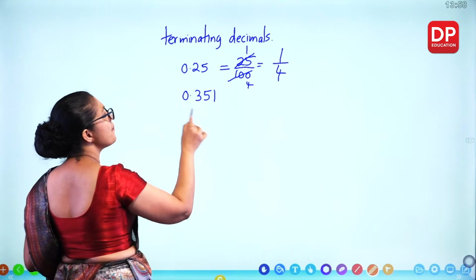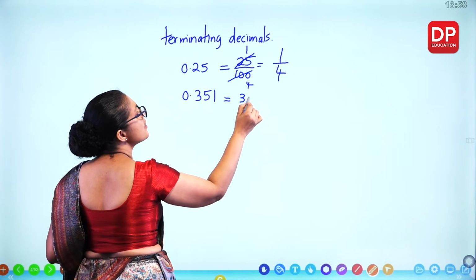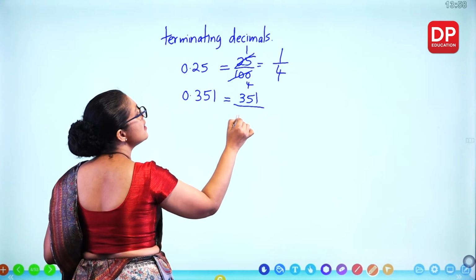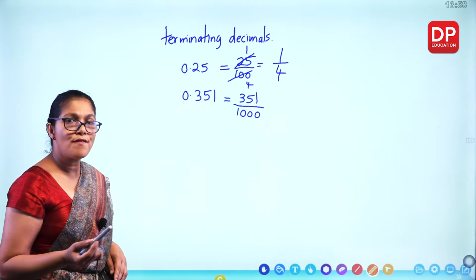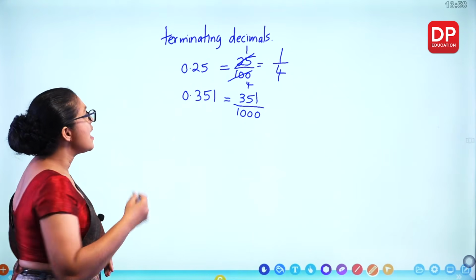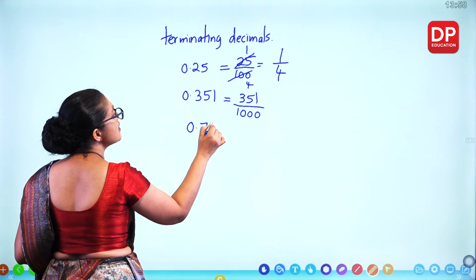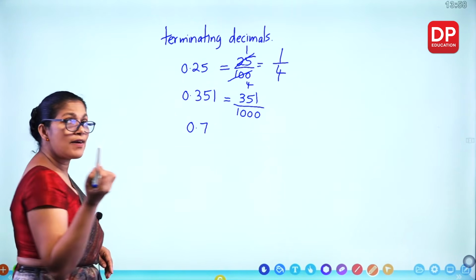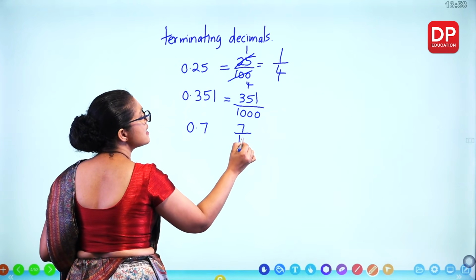What about this one? 0.351 you can write as 351 over 1000. So here that's also a fraction. So here any terminating decimal, 0.7, how can we write? We can write 7 over 10.